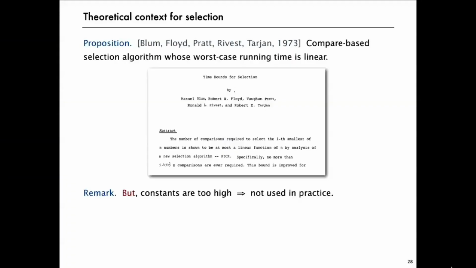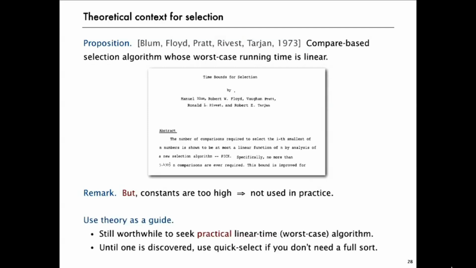Now, in practice, this construction is rather high, so the method's not really used in practice, and so there is still the goal of a fast, guaranteed linear time selection algorithm that maybe somebody in this class will invent someday. This is another example where we use theory as a guide.